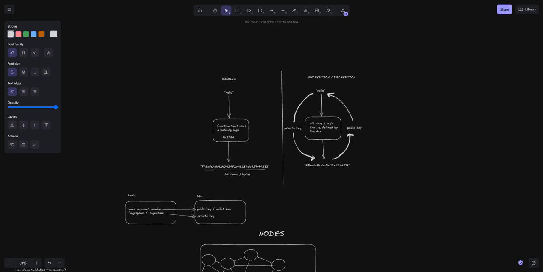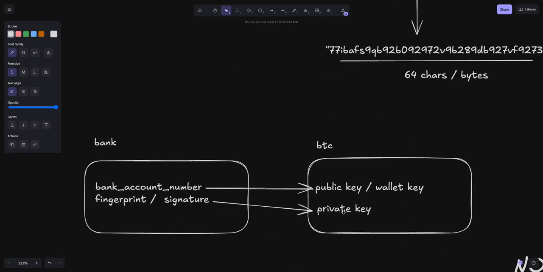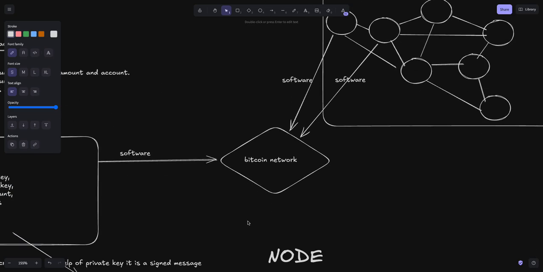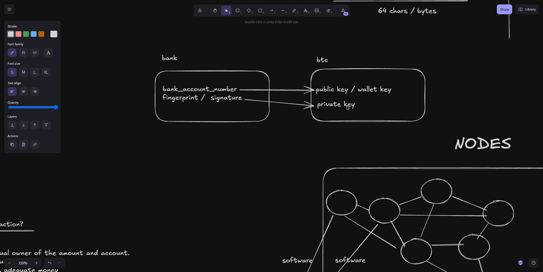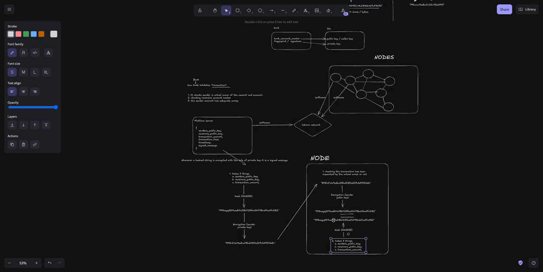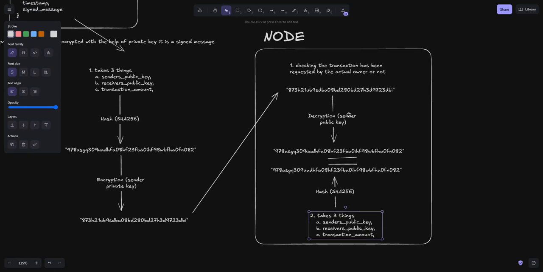Now I hope you understand why fingerprint and private key are equivalent, because the fingerprint is used by the sender or the actual owner. Here the private key is used. Then the bank officer, in this case the node, uses the public key and checks that I'm using the paired public key and I'm getting the same data.